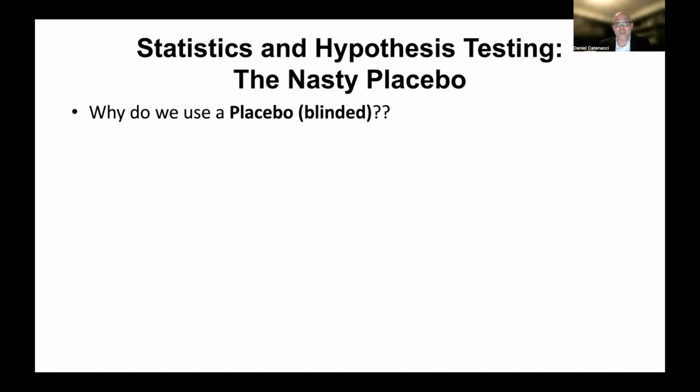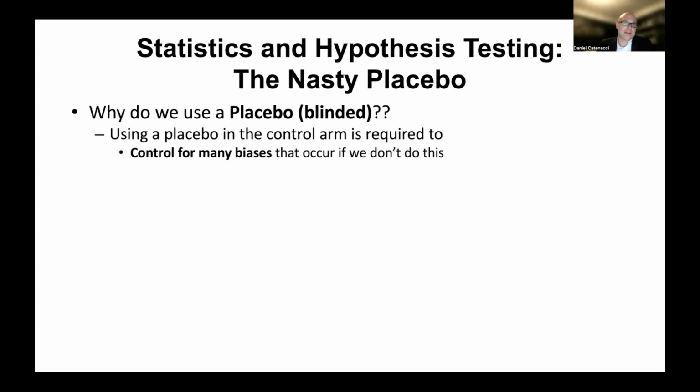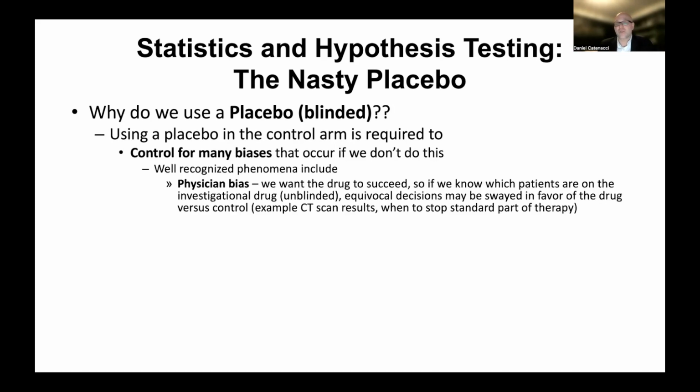So getting to the placebo, which is a blinded study, why do we do that? Using a placebo in the control arm is required if we want to really control for biases. We've talked about many biases, but randomization doesn't necessarily exclude all of these biases. For example, physician bias. If it's not a blinded study, the physician knows who is and who isn't getting the drug of interest.